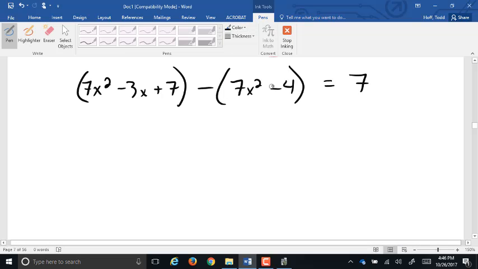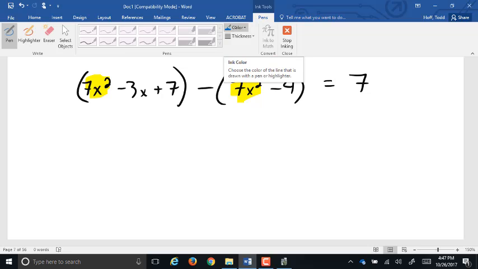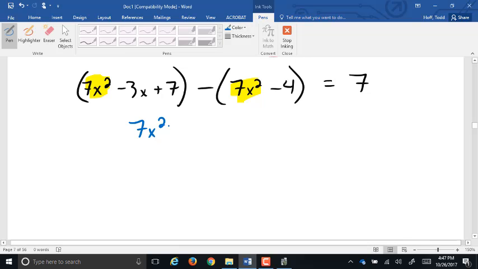Now we look at this equation, and we see the 7x squared in it. And we think we might have to go back to that method we talked about at the beginning of this class where we got it equal to 0 and factored. But as we go through and combine what we have here, we've got the 7x squared minus 3x plus 7.